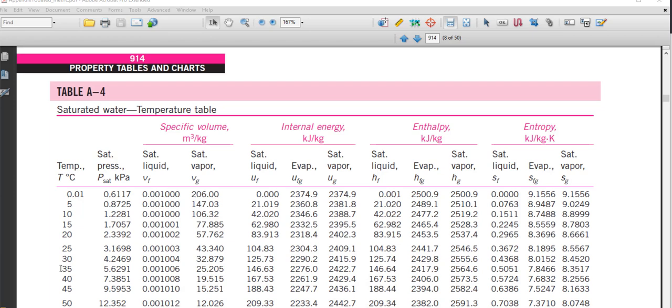Okay, looking at this table, class, we have the temperature, which is 34. Wala tayo dito ang 34, that is in between 30 and 35. So we have to do some interpolation for this one to get the value of the saturation pressure. Okay, so let's try to interpolate this one.